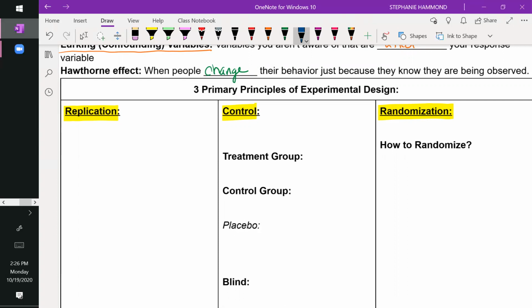Replication reduces chance variability by repeating experiments on different subjects or under different conditions. I'll write that down.